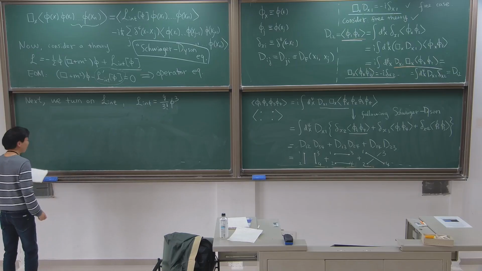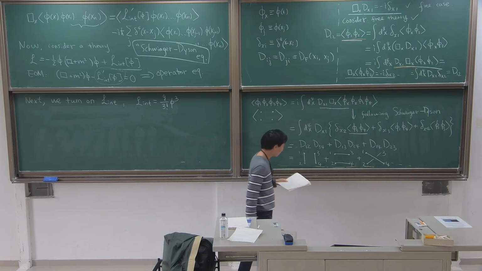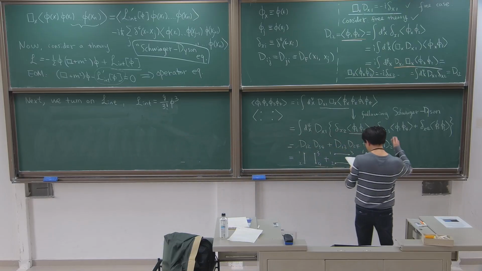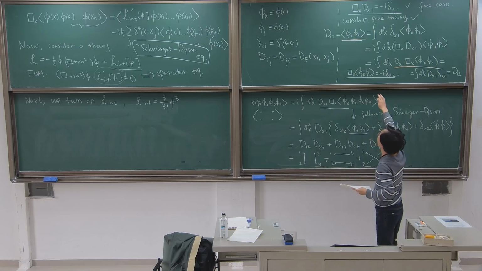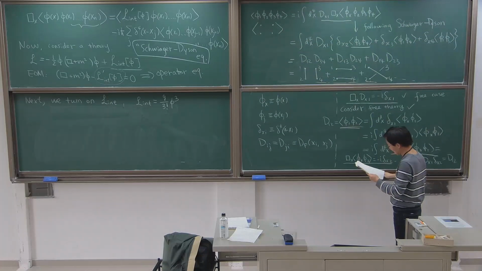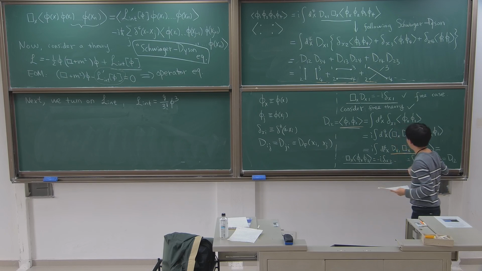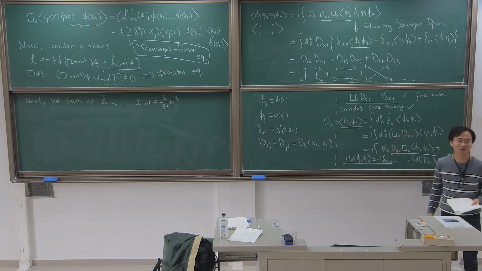Now, what if the theory now really becomes interacting? As emphasized many times, this simply means some of the steps for the free theory don't work, right?